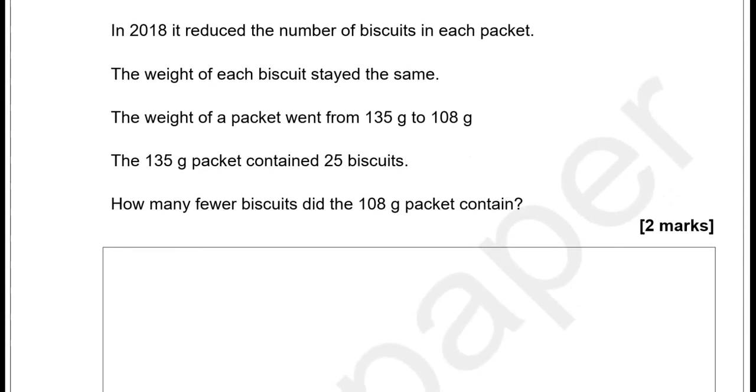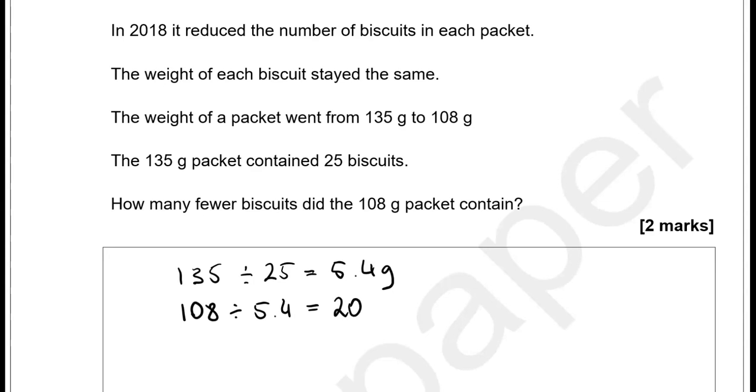So as the weight of the biscuits hasn't changed, I'm going to do 135 divided by 25 to work out the weight of each biscuit, which is 5.4 grams. So now I know the weight, so what I'm going to do is 108 divided by 5.4 to work out how many biscuits there are in 108-gram packets, which gives us 20.